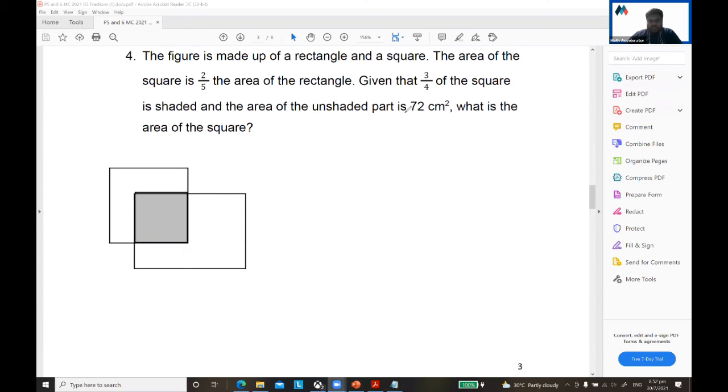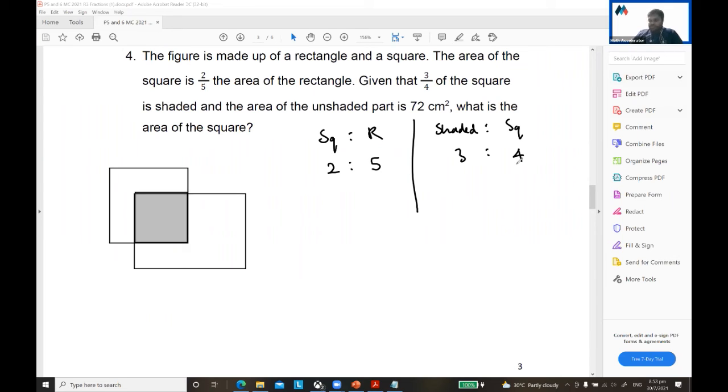Okay, good. So area of the square, so write down SQ to rectangle is 2 is to 5. All right, next one. Given that 3/4 of the square is shaded. So now the next set of ratio. Shaded is to square. So this one is 3 is to 4.